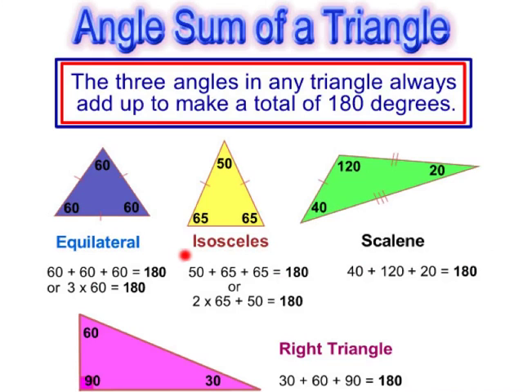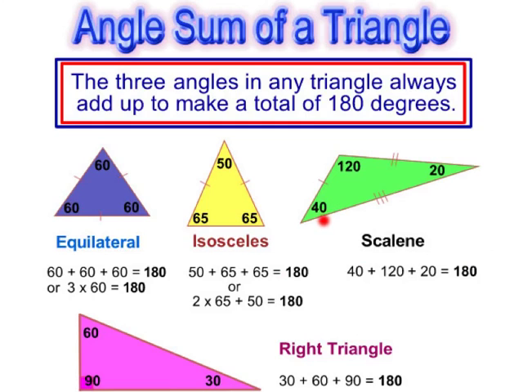Then you have the isosceles triangle, in which two sides are the same, but this angle at the top is going to be smaller. So you've got 65 plus 65, which is 130, and then this top angle is smaller than these, so it is 50. Then you've got the scalene triangle, which really doesn't have any sides that are alike.